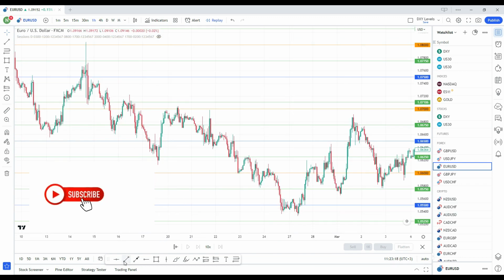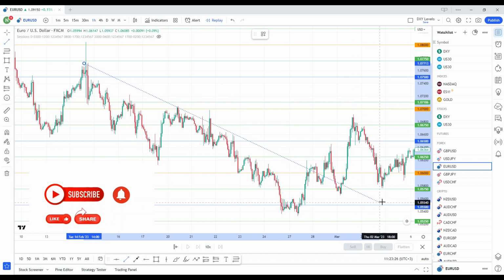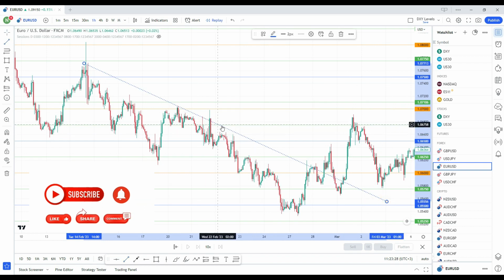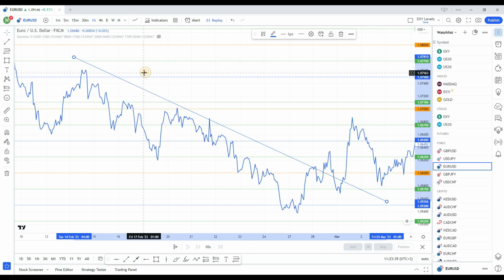For example, if you're using trend lines, you can draw a trend line, and if you want to draw a perfect trend line, make sure you're using line.